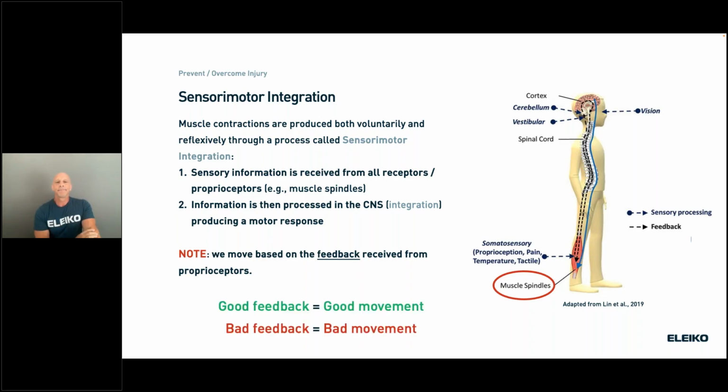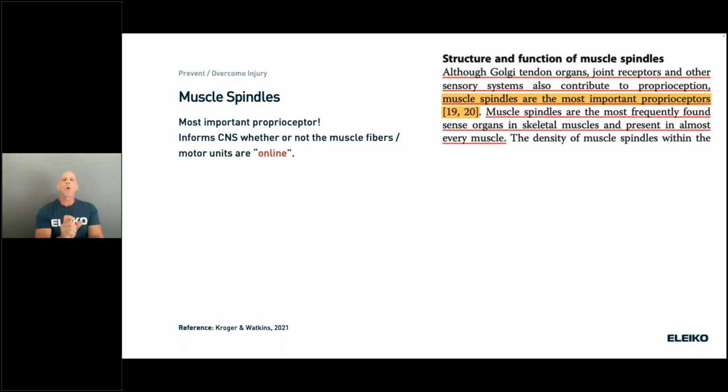Good feedback coming in means good movement going out. Bad or altered feedback coming in is going to produce bad or altered movement going out. So how do we assess that and how can we address that? Let's talk about the muscle spindles. First off, muscle spindles have been noted as being the most important proprioceptor.